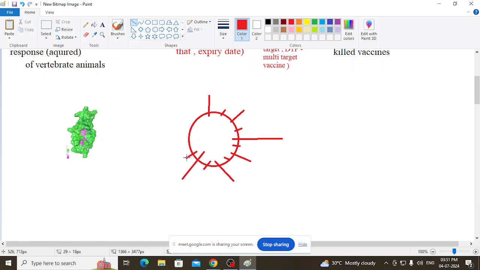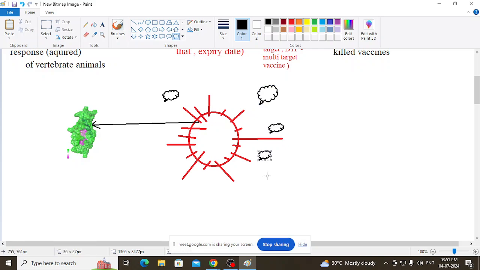This is a hypothetical drawing, so do not take it too seriously. Consider that this particular protein is a hidden protein and it is present somewhere here, where it is comparatively hidden. Why hidden? Because in the rest of the area there are a lot of water molecules, everywhere water.